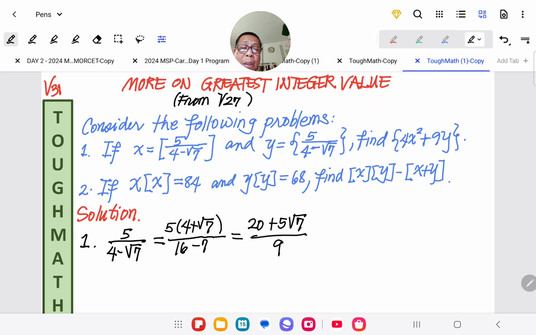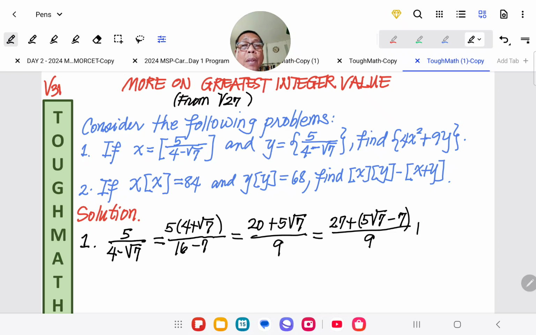And we have to change 20 into a multiple of 9 and greater than 20. So the closest is 27. So let's change that to 27. So that is 27 plus 5 square root of 7 minus 7, because we already have a 20, over 9.